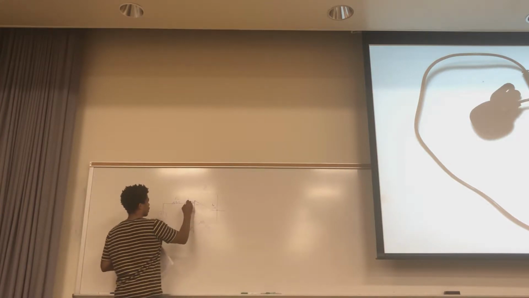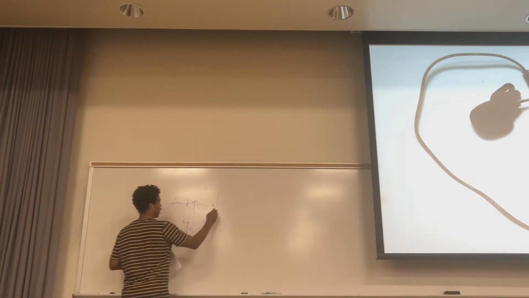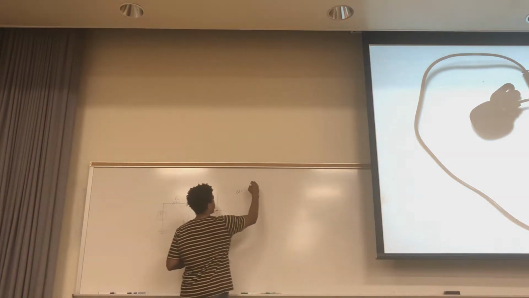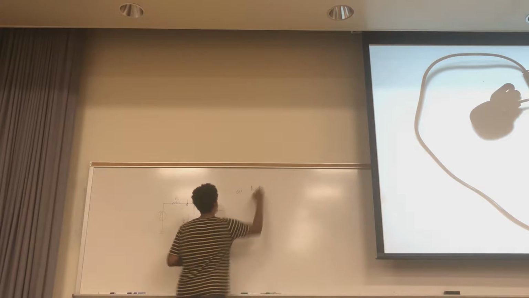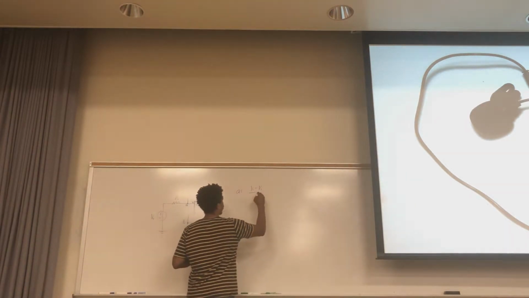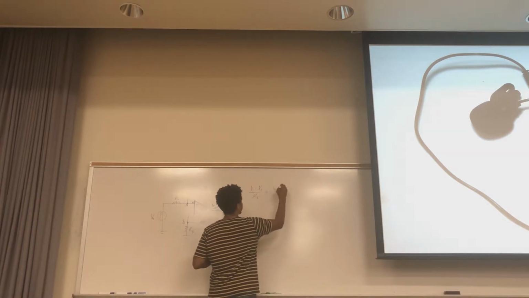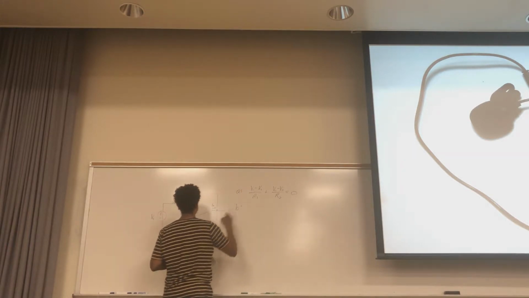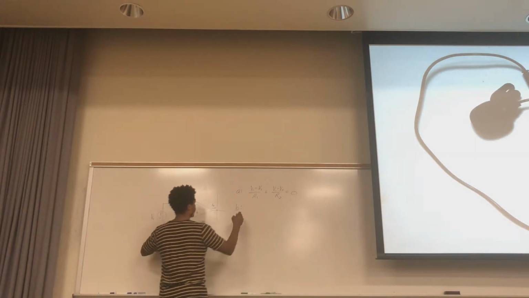Let's call the nodes A, B, and C. For node A, we have V minus minus V1, and this over here was our V1, over R1, plus V minus minus V out over R2. That's one equation. For B, we have this right here.